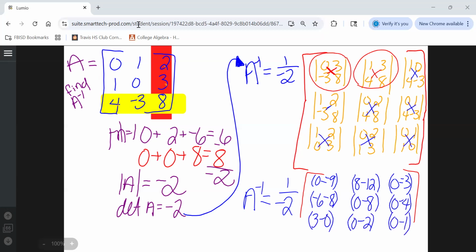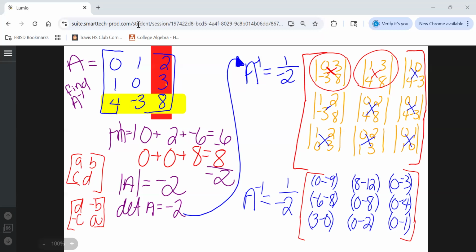Okay, now that we have all of these pieces, I need to go ahead and find my pattern of opposites. What I mean by that is, remember when we were finding the adjoint of A yesterday? We were taking the matrix A, B, C, D, and finding the adjoint, which means we switch the A and the D, and we turn the signs of B and C opposite.